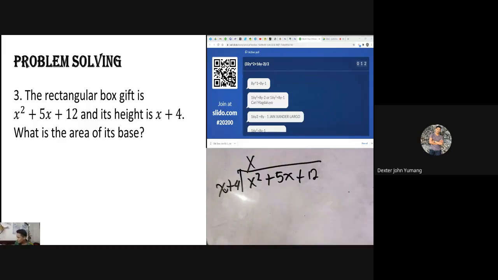Next thing to do, what is the next thing to do here? Anong gagawin natin? Mag-a-add, magdi-divide, magmumultiply. What will we do next after we solve for x? So in this case, ano pong gagawin?